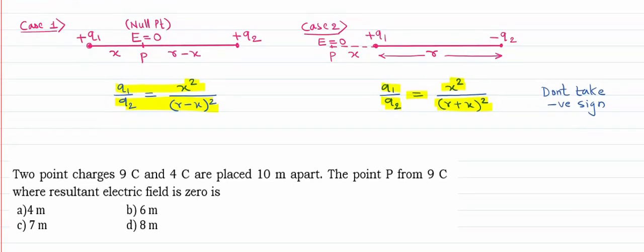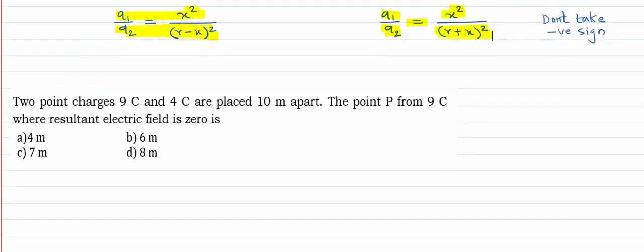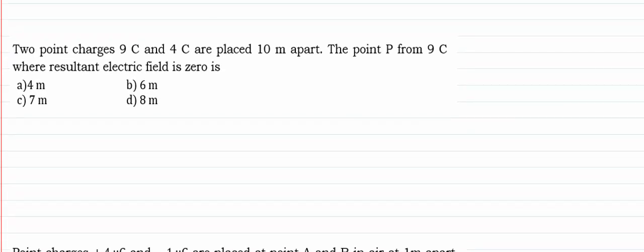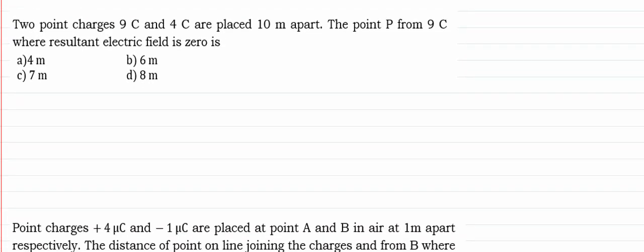Now the first MCQ. Two point charges, 9 coulomb and 4 coulomb, are placed 10 meters apart. This is R, which he has given. He has asked for the point P from the 9 coulomb charge where the resultant electric field is 0. So take 9 as Q1 and 4 as Q2.